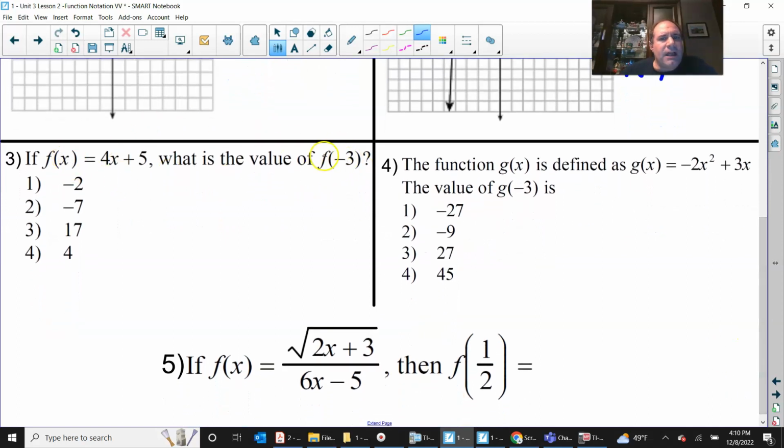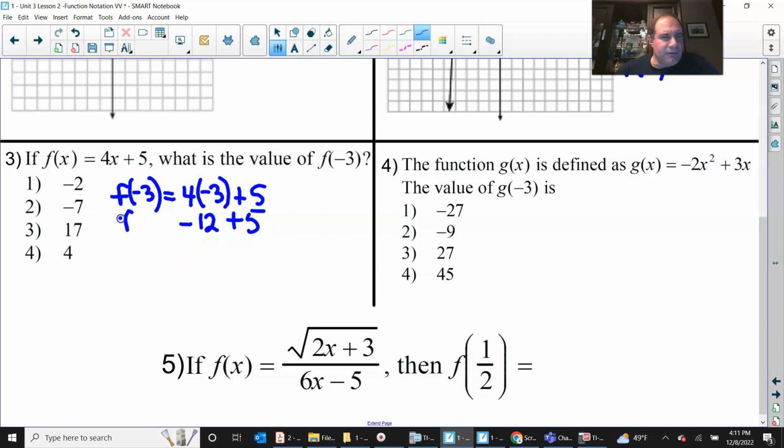All right, so f of negative 3. This is how to do it by hand. 4 times negative 3 plus 5. This is negative 12 plus 5, and it is negative 7.